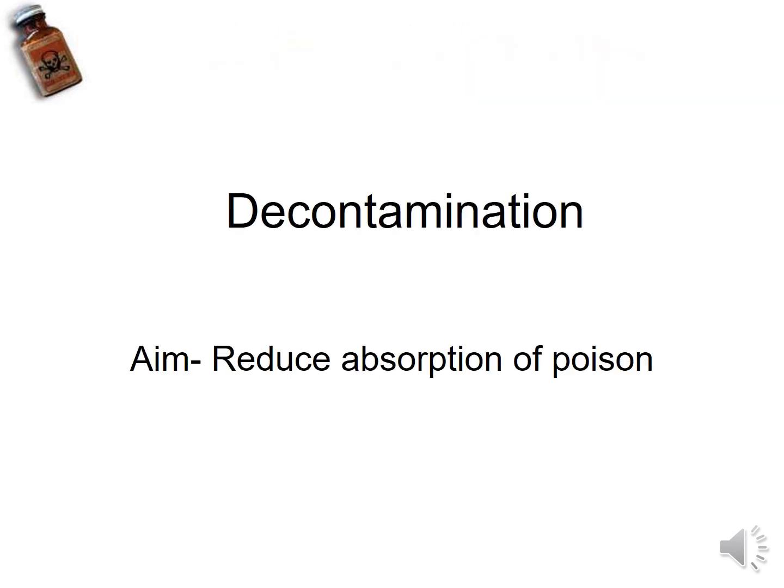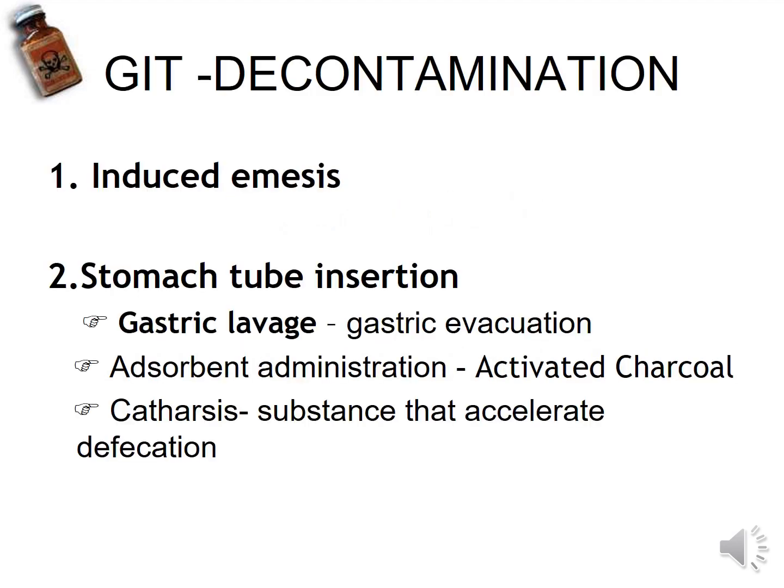Next comes D, that is decontamination, which means reducing absorption of poison in the body. Decontamination is a bit lengthy process, because you need to decontaminate various parts of the body. So we start with decontamination of the gastrointestinal tract, because most poison is by ingestion. For gastrointestinal tract decontamination, there are steps.